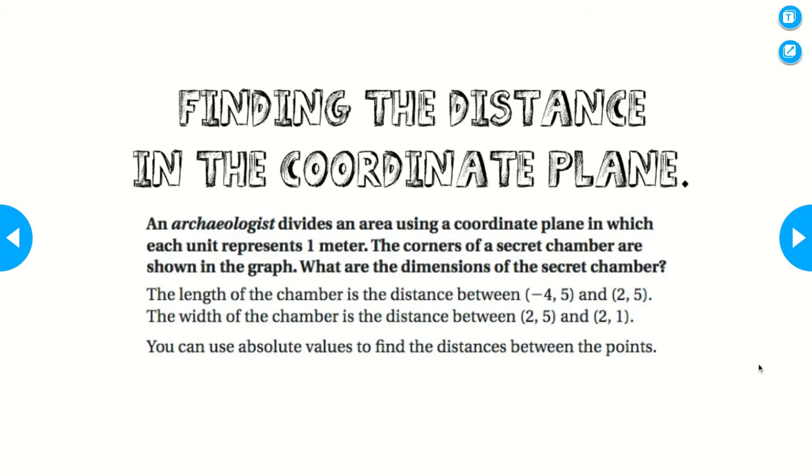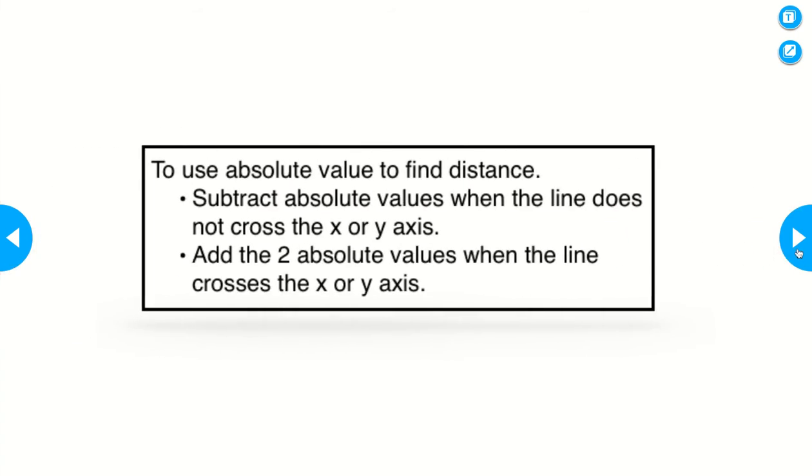You can use absolute values to find the distance between points. So we actually learned about this and reviewed this on the number line when we introduced negative and positive numbers. So we did learn this before, so we're going to tie it in. To use absolute values to find the distance, we want to subtract absolute values when the line does not cross the x or y axis.